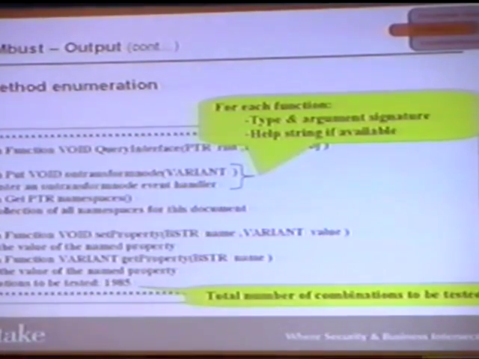So for each function, it will go through creating the signature of the method. If the COM object has associated help with that method, it will also display it. For example, the second one, register an on transform mode event handler. And it will go through all the methods it can find.